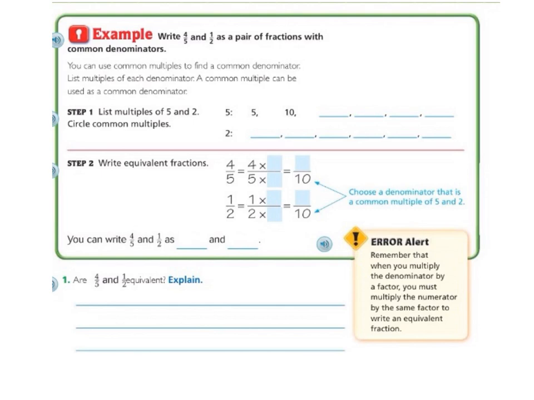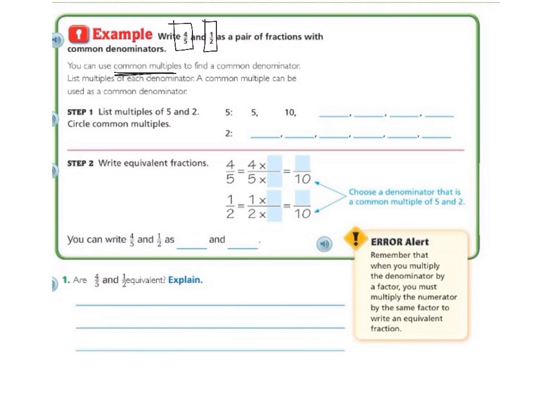To show what this looks like in numbers, we're going to write the numbers 4/5 and 1/2. And we're going to find a common denominator so that they both have the same number of pieces in our whole number that it's cut into. So the way that we do that is we want to find a common multiple. So remember in our unit before, that means we're going to count by that number until we find something they have in common.